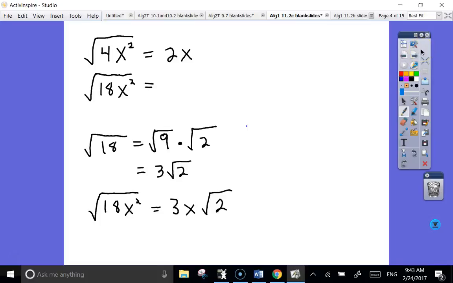All right, now it gets a little more complicated because we might have numbers underneath, and they might be perfect squares, which we did 2 days ago, or they might not be perfect squares, which we did yesterday. But for example, if I've got the square root of 4x squared, I'm going to think of it like 2 different problems. It's the square root of 4, and it's the square root of x squared.